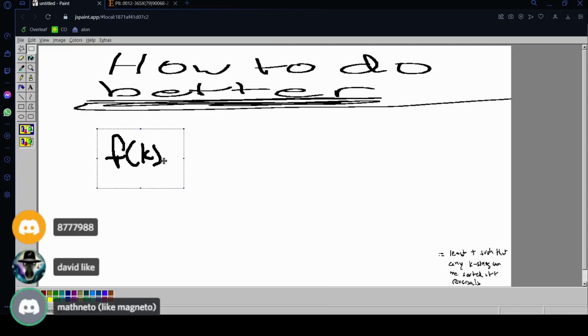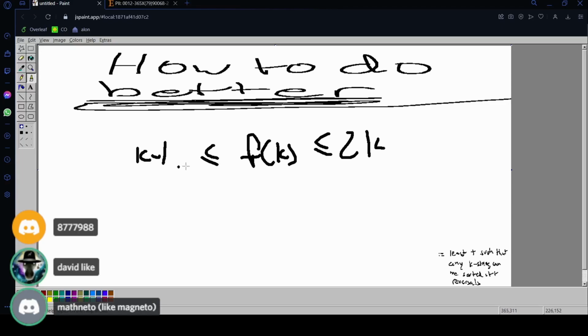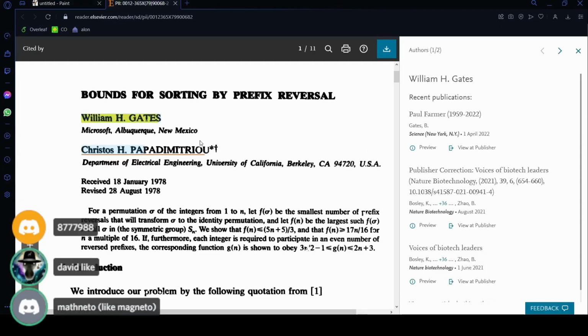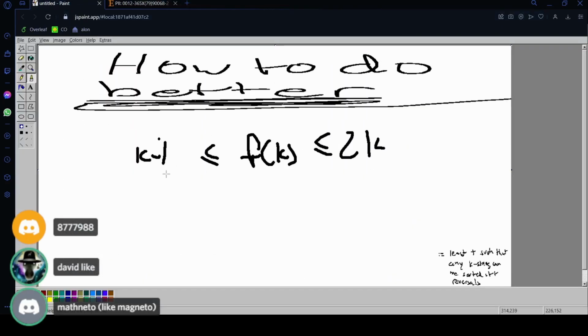All right. So last time we showed that f of k is at most 2k and at least k minus 1. And I mentioned that William H. Gates and Papadimitriou showed some better bounds.